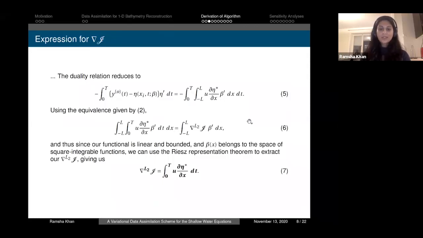And going back to what we said before, this looks like our Gateau derivative equals the inner product of our perturbation, and then whatever has to be here has to be our gradient.